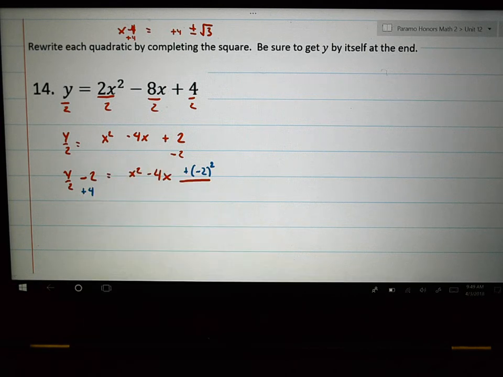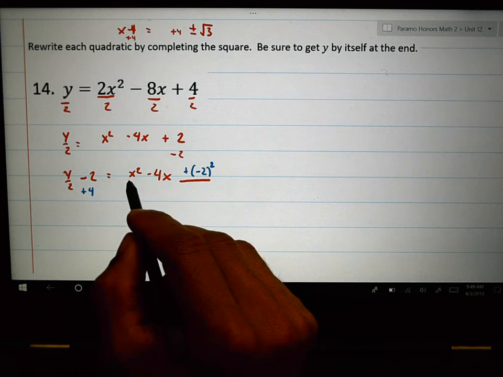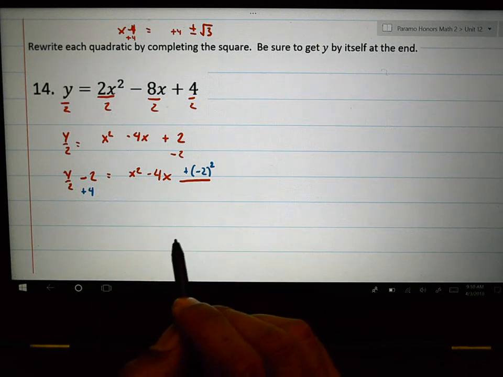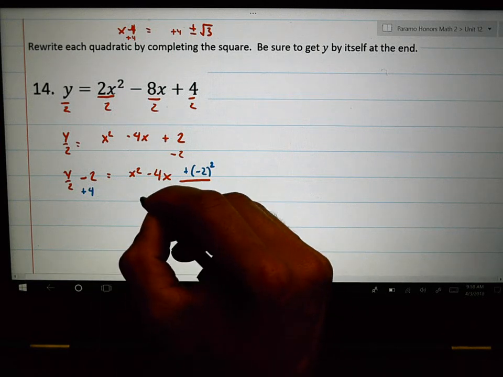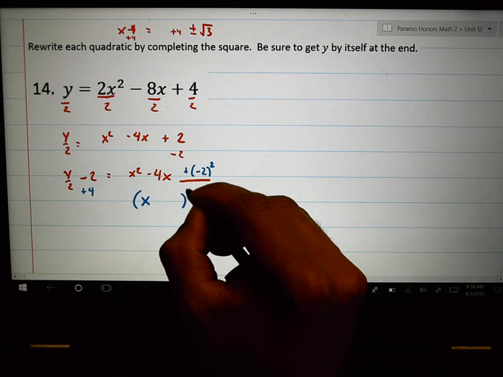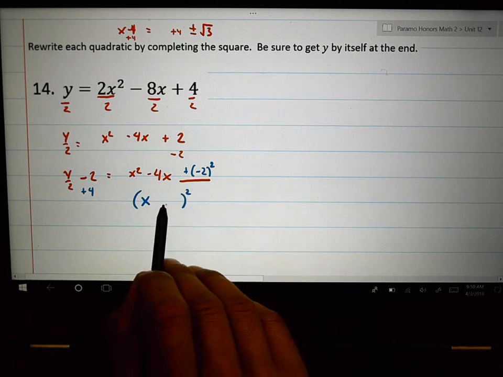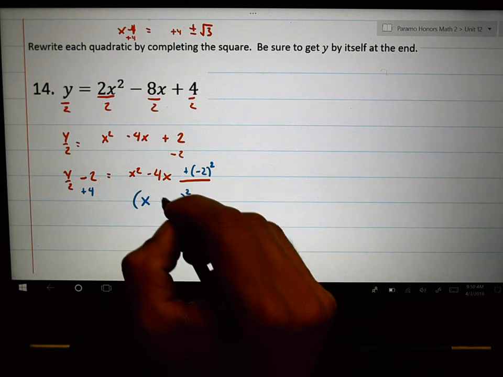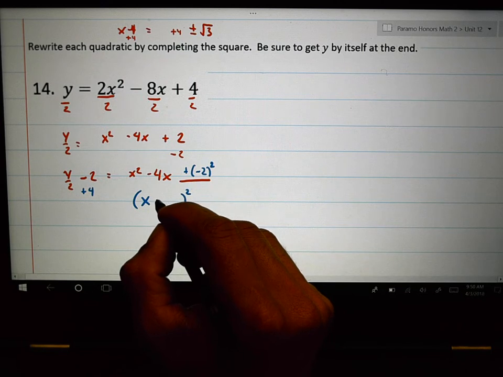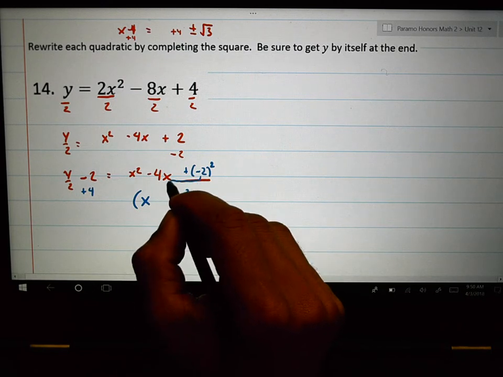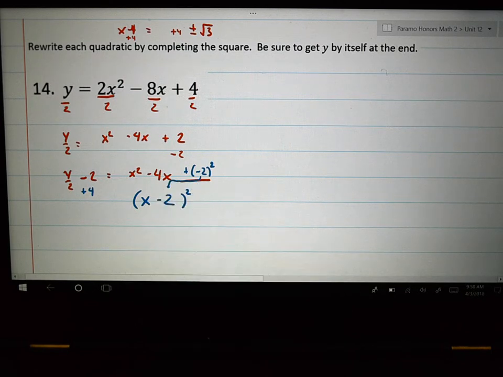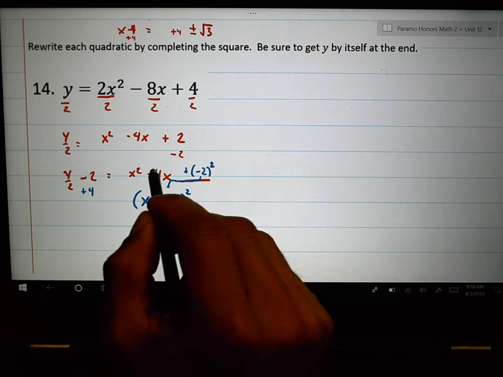But I put the negative 2 there so that when I factor it, I know what goes in the parentheses. What's going to go right here that I'm pointing at? It's whatever this is. So make sure that it's a minus 2 inside that parenthesis. Otherwise, you would never get that negative 4.